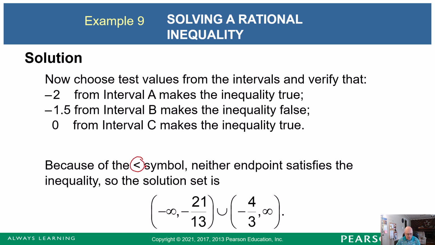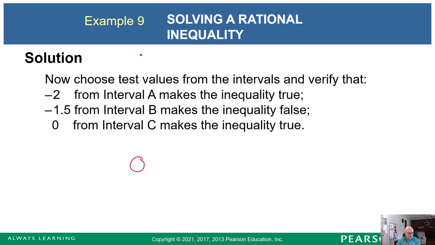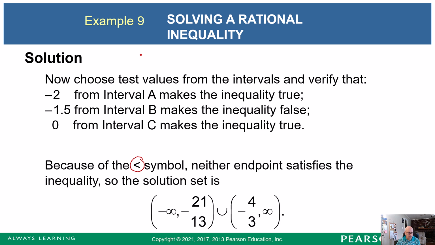Where's the less than symbol from? Sneak back here, right here. So those are your two intervals. They were the outside ones. Remember, I suggested using the 0 from this one. It turned out to be true. Something from this one would have also worked, but nothing in the middle.